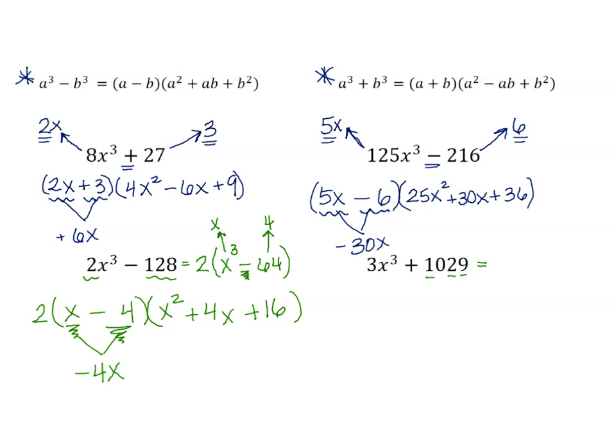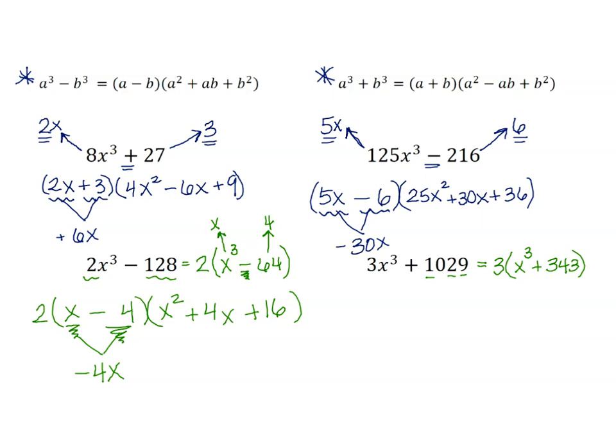So I'm going to divide it by 3. 1,029 divided by 3 is 343. So when I take out my 3, I get x cubed plus 343. Now, you probably didn't have that memorized, that 343 is a perfect cube, but it is.